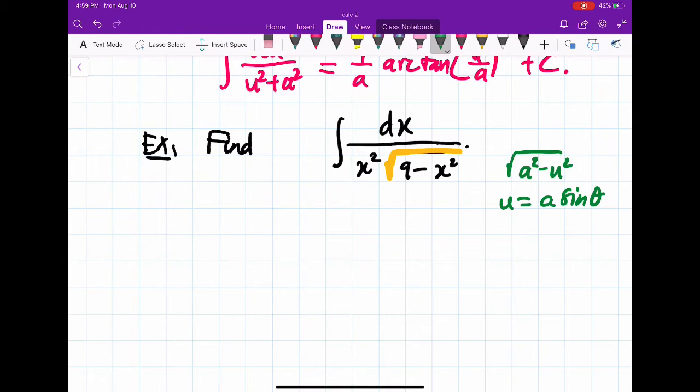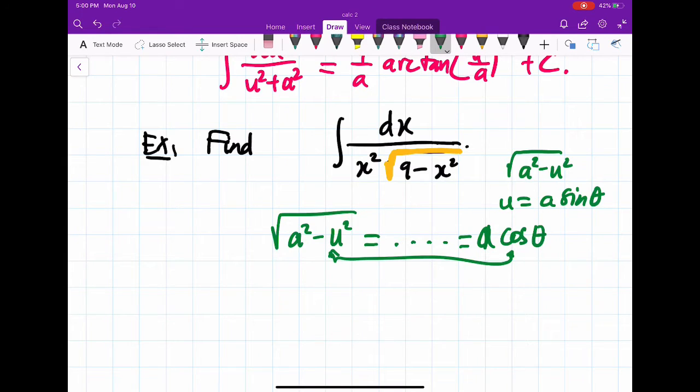If you're already familiar with this, you don't have to repeat the whole process, like a^2 minus u^2 equals blah, blah, blah, and finally just a cos theta. You can write this directly. We don't need to repeat the process we just showed you. So I have square root of a^2 minus u^2 is a cos theta.